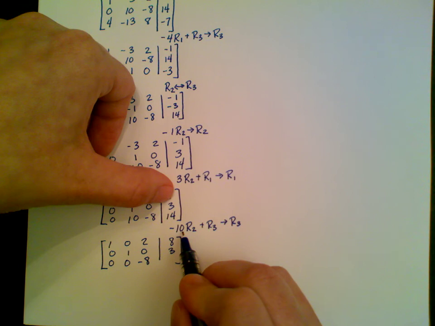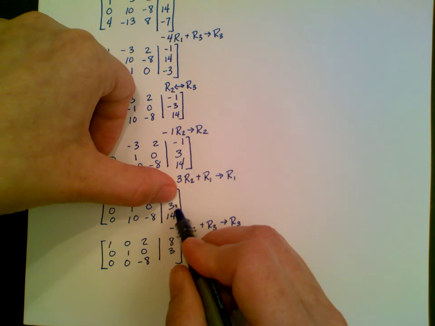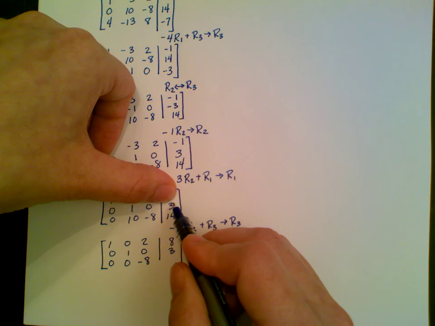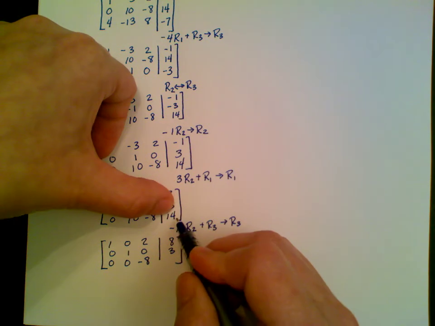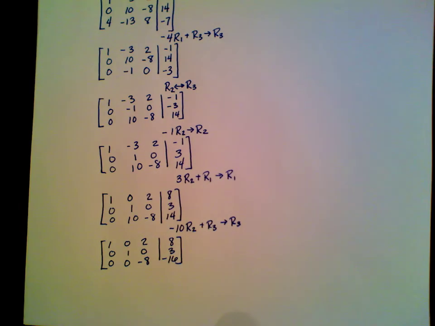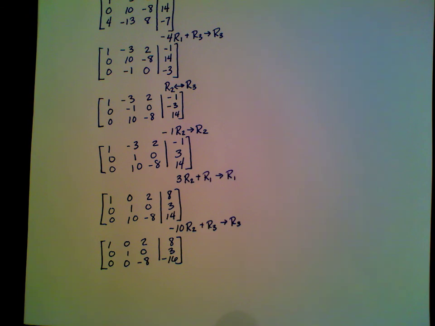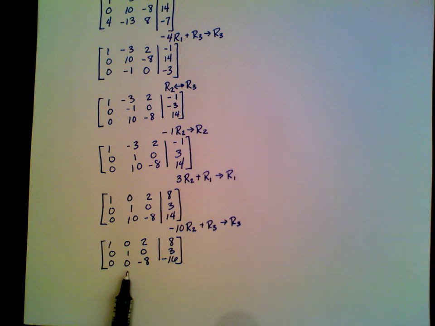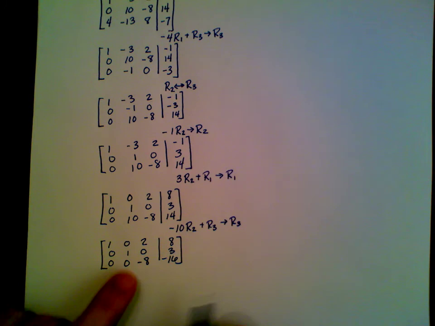Then the negative 10 times positive 3 is a negative 30. Plus 14 is negative 16. All right, so now we have 2 perfect columns. We need to work on column 3.